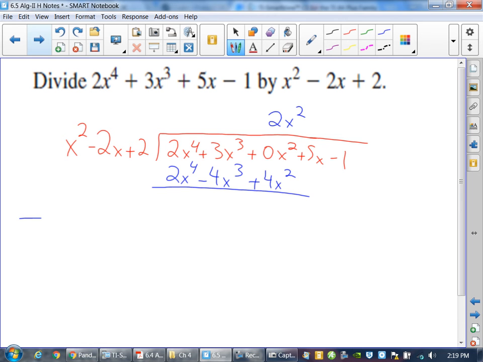And now I have how many subtraction problems? 3. 2 minus 2 is gone. 3 minus negative 4 is 7. 0 minus 4 is negative 4. And bring down 5.